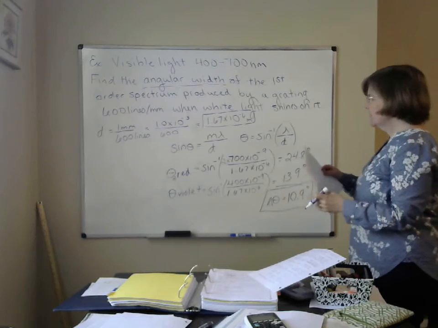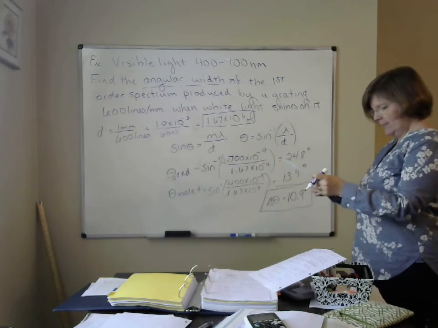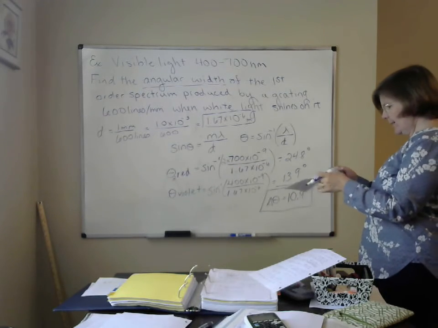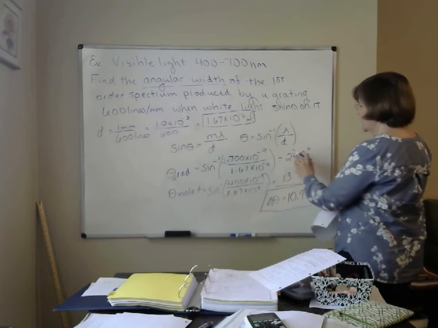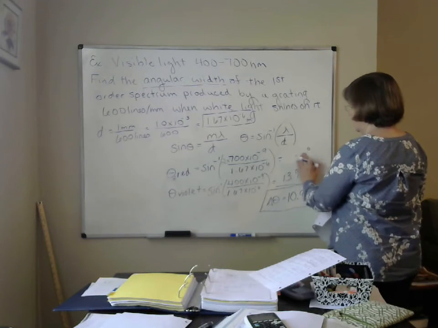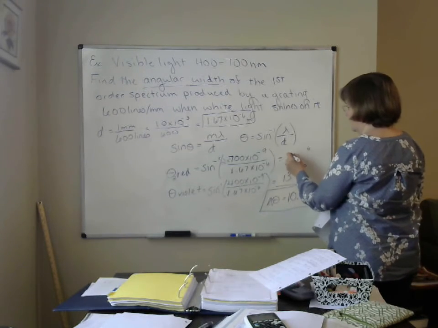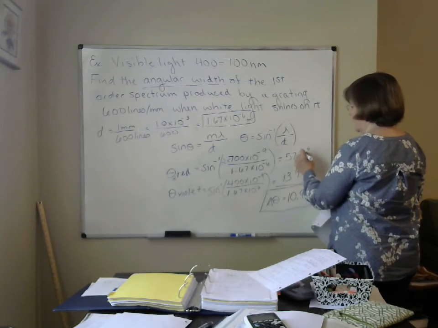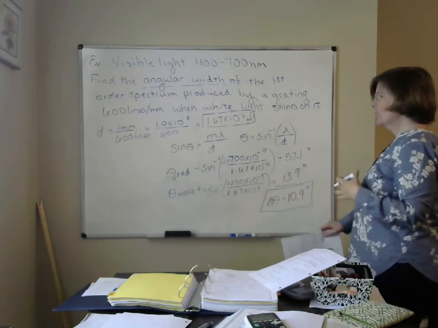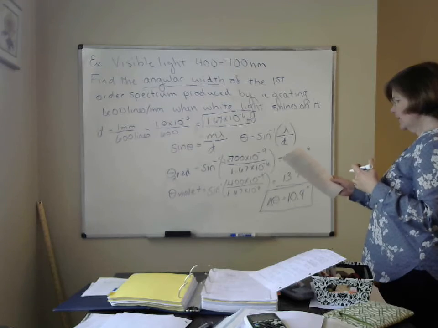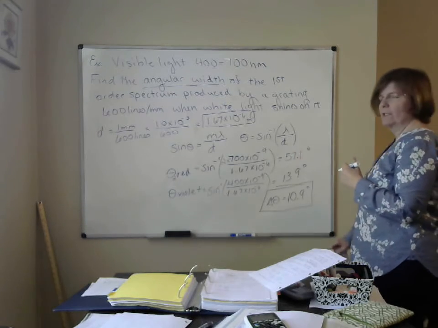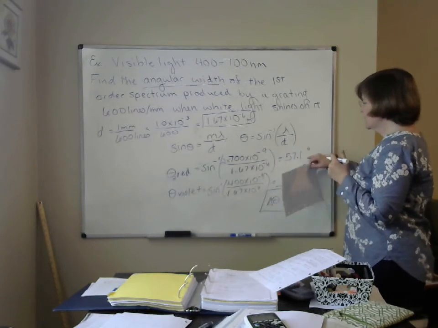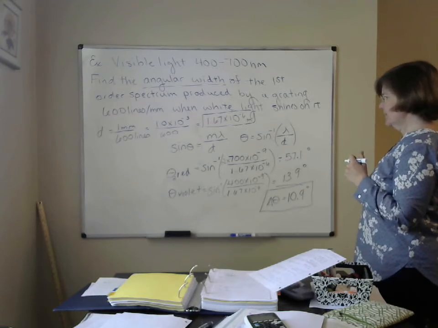So if I put in this 2 here and I get the location of the second order spectrum for red, it's at 57.1 degrees. That makes sense. The first order location was only 24.8 degrees from the central line, and this is at 57.1 degrees from the central line.